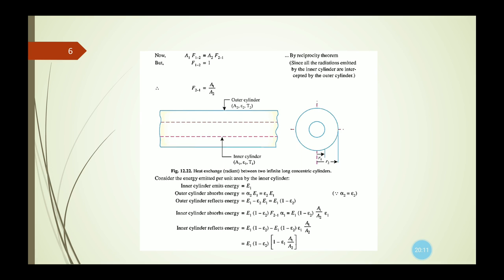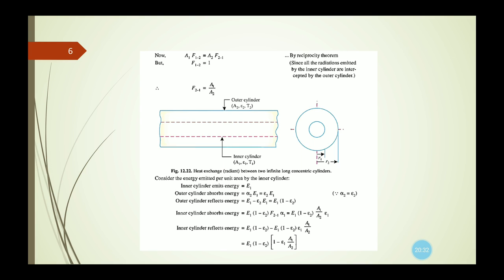Again, the remainder of this will be reflected by the inner cylinder. So ultimately that remainder part we can represent mathematically as E1 (1 minus epsilon 2) multiplied by (1 minus epsilon 1) A1 by A2.